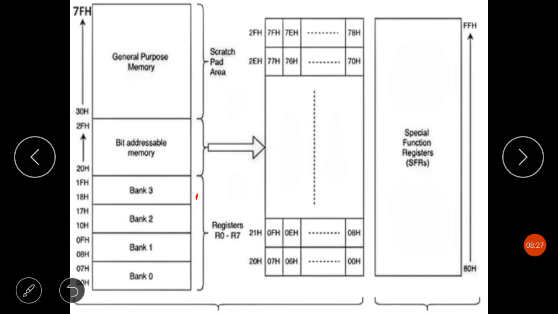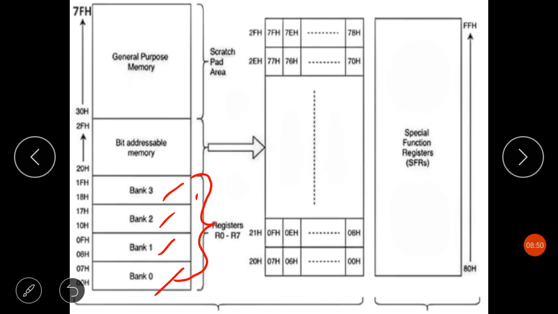The first 32 bytes, that is from memory address 00H to 1FH, consist of the register banks, and it consists of 32 working registers that are organized as 4 banks: bank 0, bank 1, bank 2, bank 3. I'll discuss this in detail.